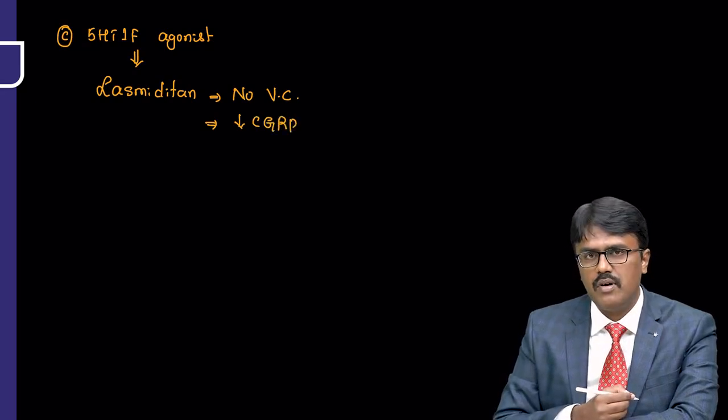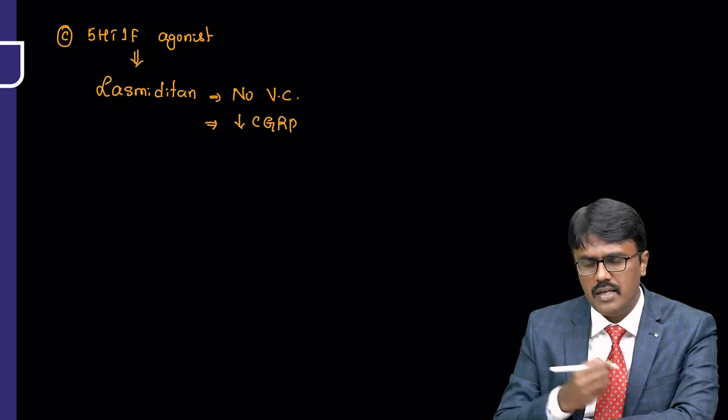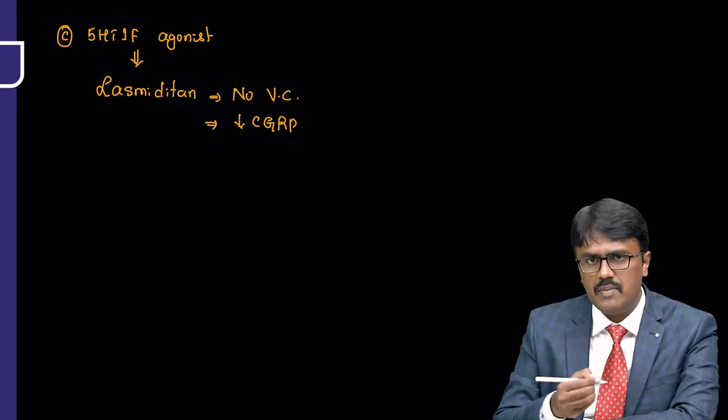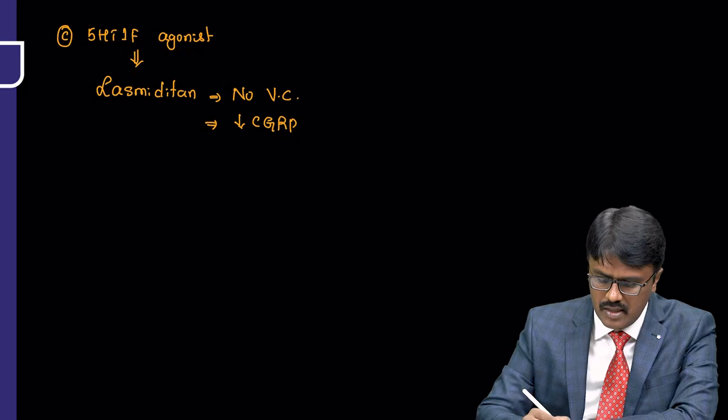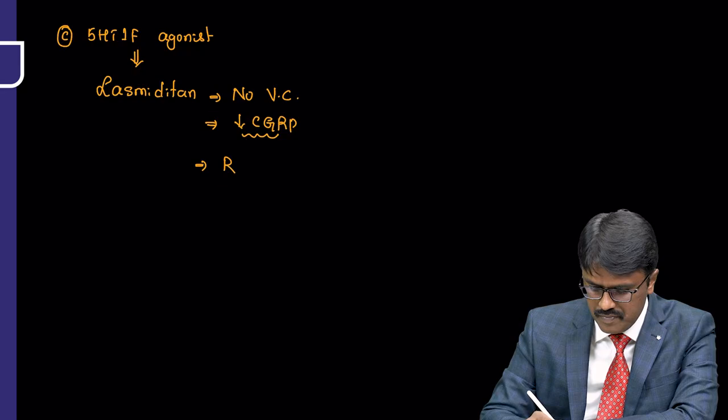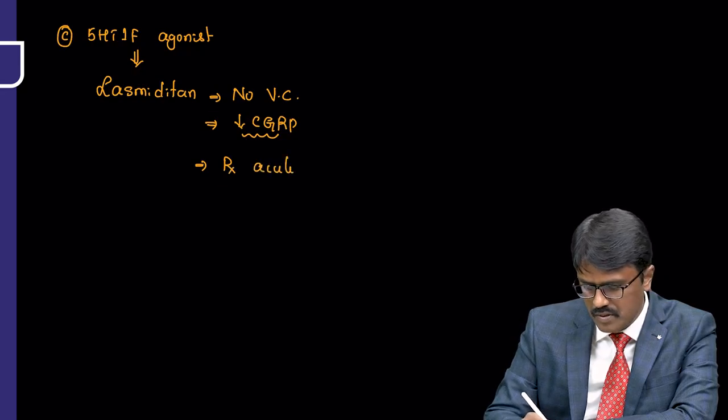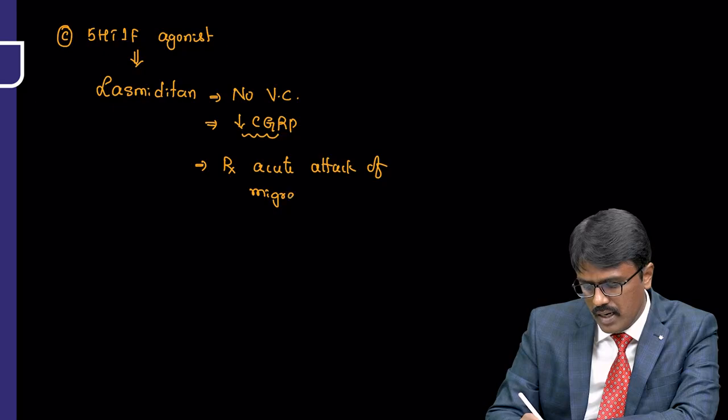The triggering factor for headache is trigeminal inflammation, and that will trigger an increase in CGRP. So the drug decreases CGRP and it is used in the treatment of acute attack of migraine.